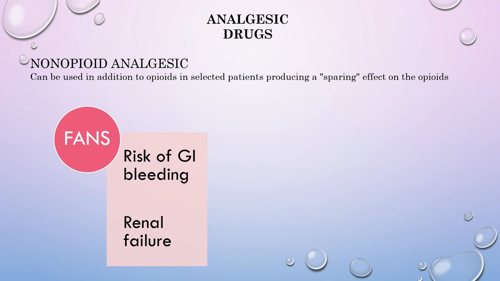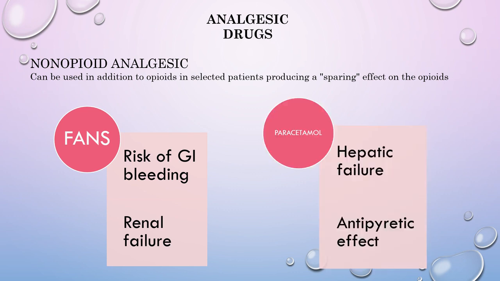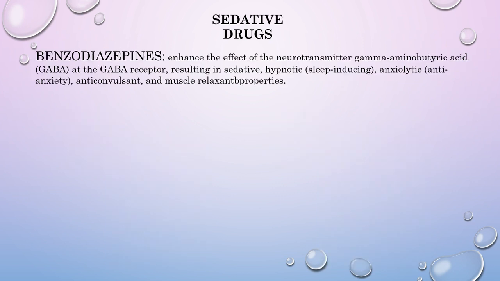We can use them mostly in the post-surgical context, no more than 5 days, because of the risk of gastrointestinal bleeding and renal toxicity. Paracetamol is a good drug to use for its opioid-sparing effect, but we need to take into account its hepatic metabolism and its antipyretic effect.